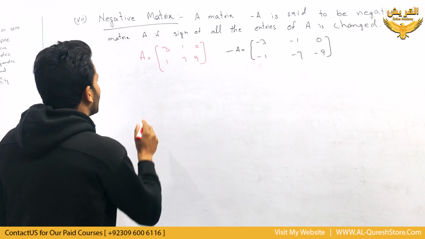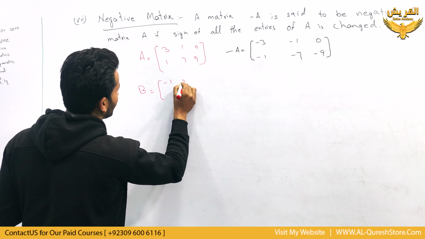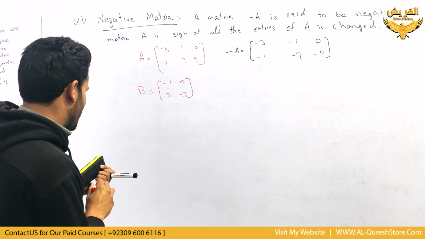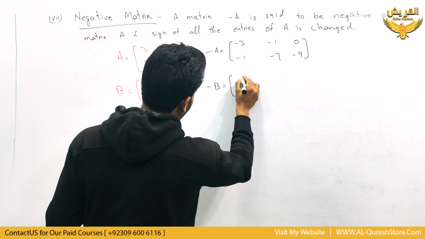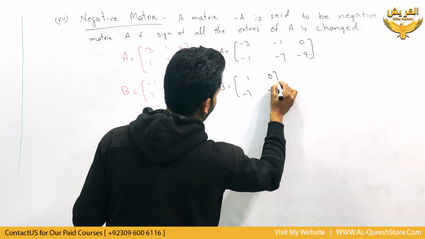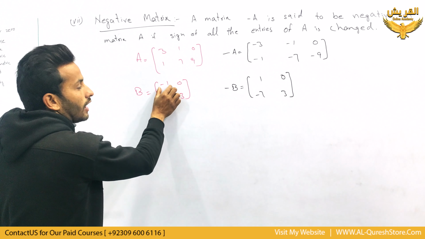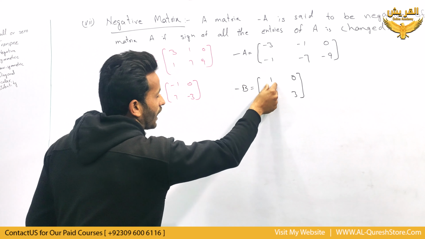See the other one. If B is equal to minus 1, 0, 7, minus 3, then the negative of matrix B, minus B, is equal to 1, 0, minus 7 and 3. So the sign of all the entries is changed. Minus 1 changes into 1.